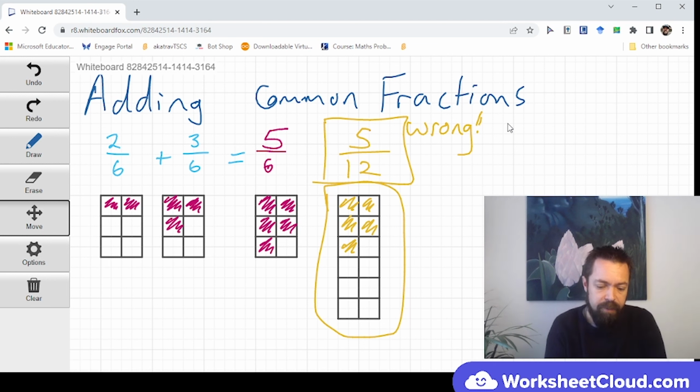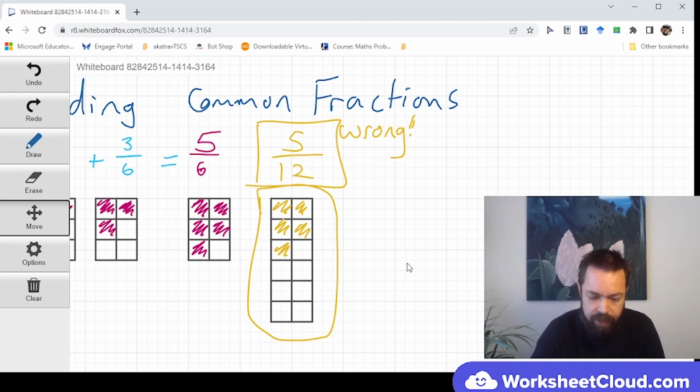Or alternatively, if you broke it up into smaller pieces, so you simply halved each of those. Let me just move it a slight bit across so we don't get behind my picture.